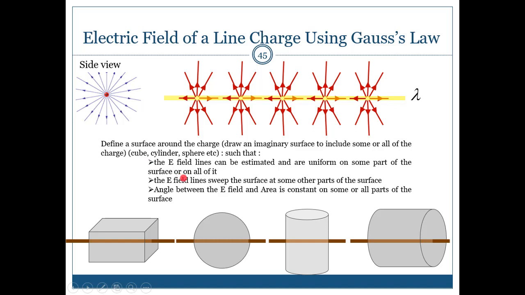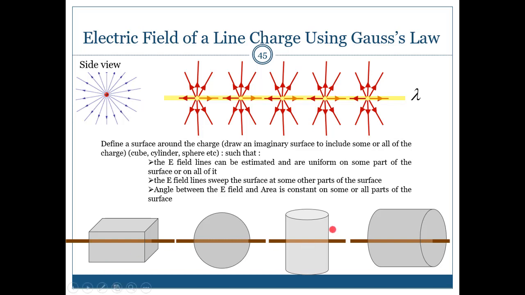So that E field lines on it can be uniform. E field lines sweep one of the surfaces of these shapes, right? Or E field lines being perpendicular to the area, meaning parallel to the area vectors on some or all of these shapes. Okay, so which works best?